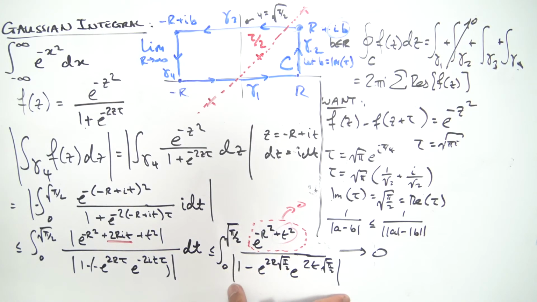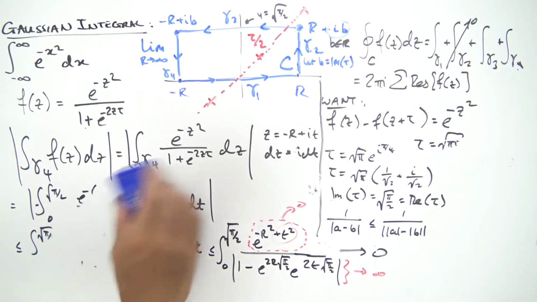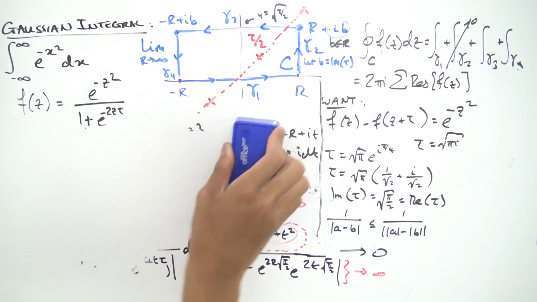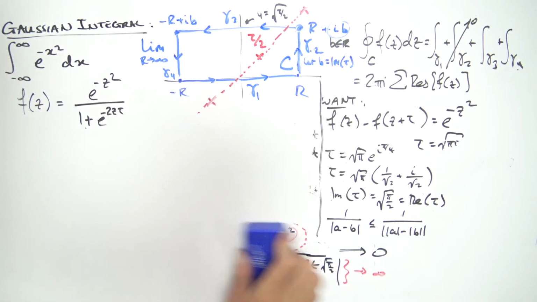But since we have absolute values, this whole entire denominator will go to infinity. And as you can see, we have a 0 divided by infinity situation, which clearly in the limit goes to 0. So hence we've shown that for the integral over gamma 4, in the limit, we're going to get a 0.